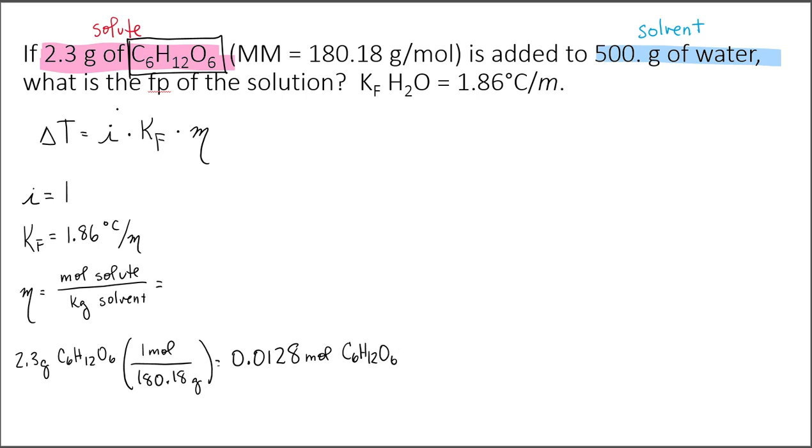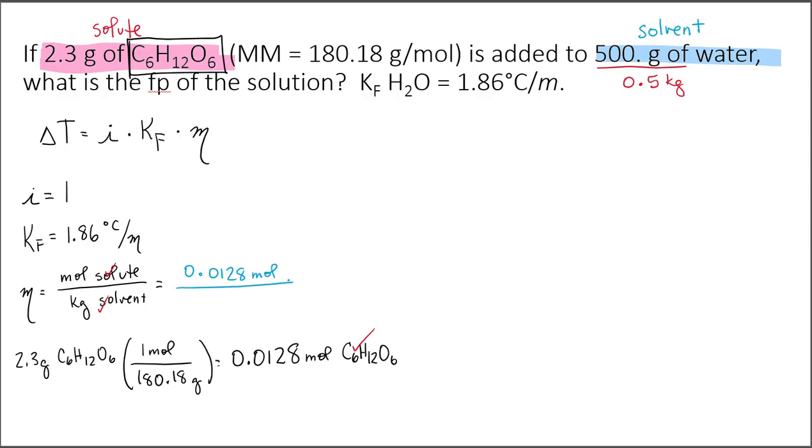All right, so check. We've got our top part of our fraction here. I'm using molality not as a conversion factor, I'm using molality as an equation right now. We have 500 grams of the solvent. That is half a kilogram, and again, I just did that in my head. Hopefully that isn't hard for you to wrap your head around.